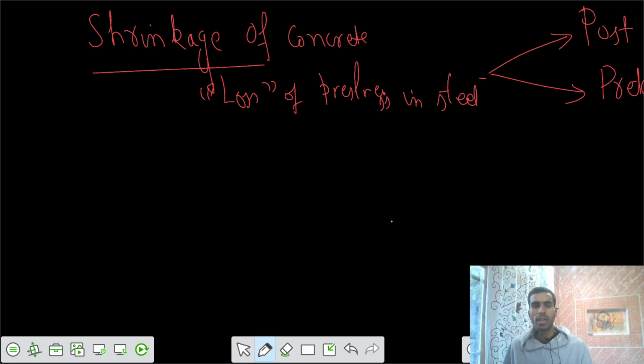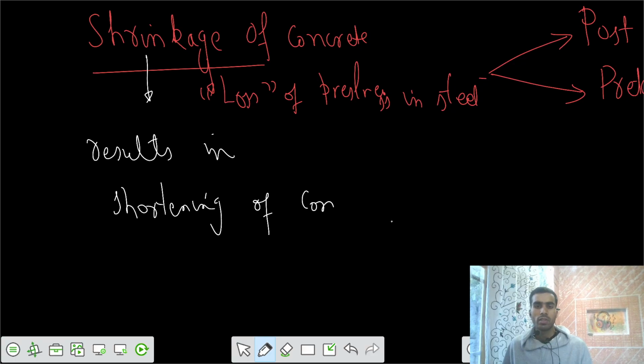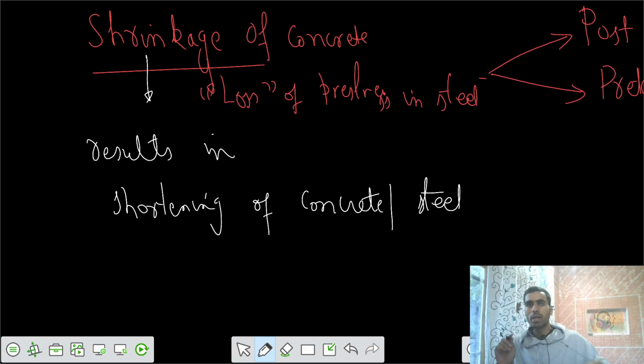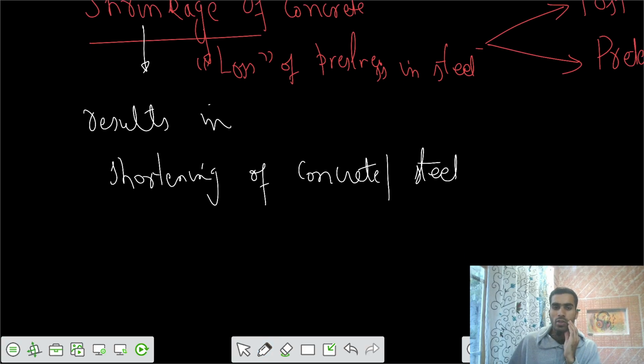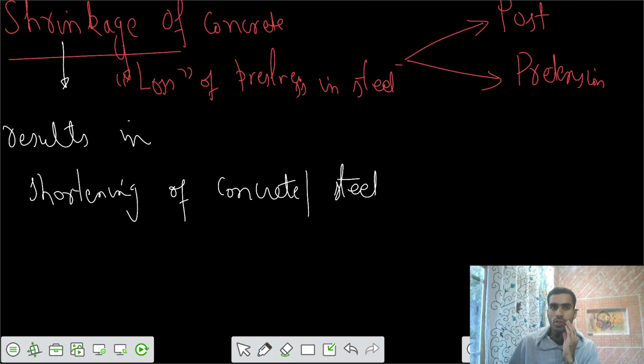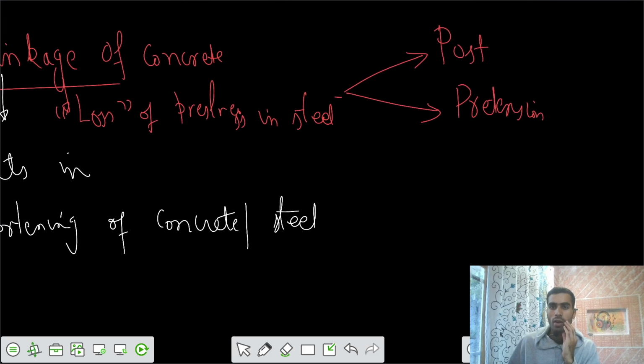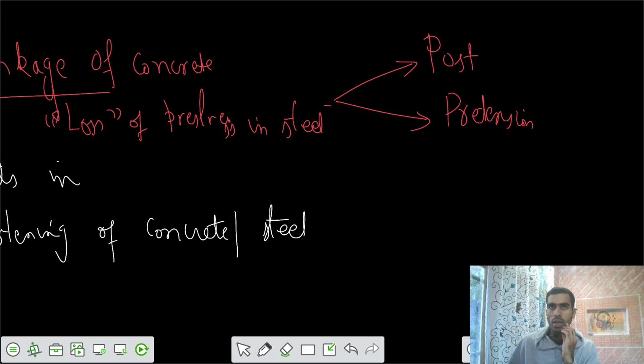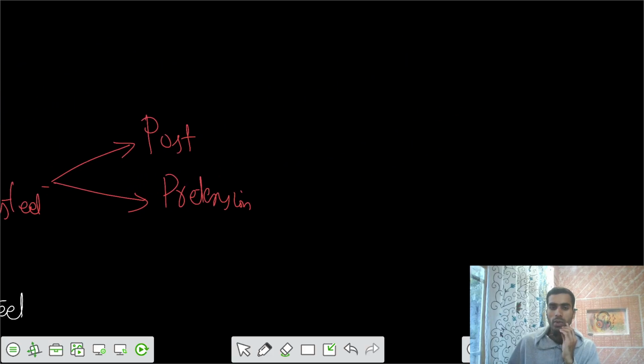So your shrinkage results in shortening of the concrete. Once your concrete is going to shorten, your steel wire is also going to shorten. So based on that we have some shrinkage strain values for the two kinds of beams. What should be the value of shrinkage strain?